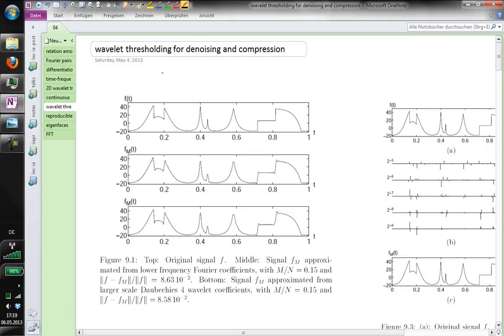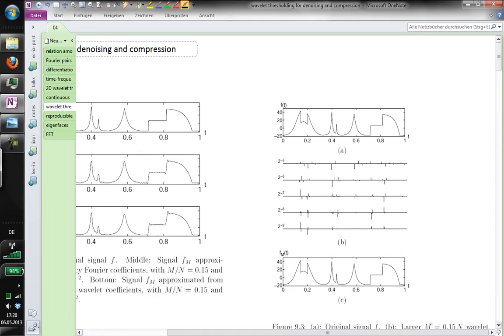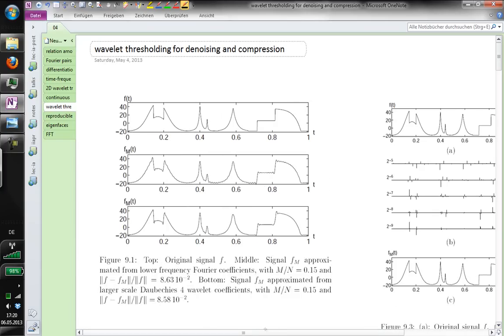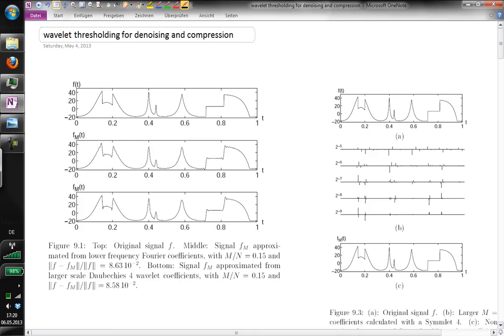Again, these are pictures from the book by Mallat. On the left-hand side, you see first a toy signal, which has a couple of discontinuities. In the middle, you see a compressed version where the 15% lowest Fourier coefficients were used.